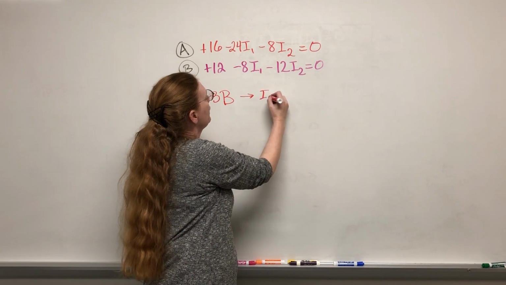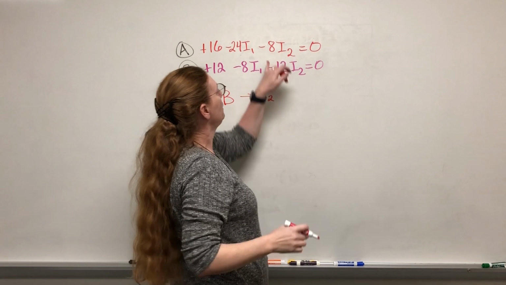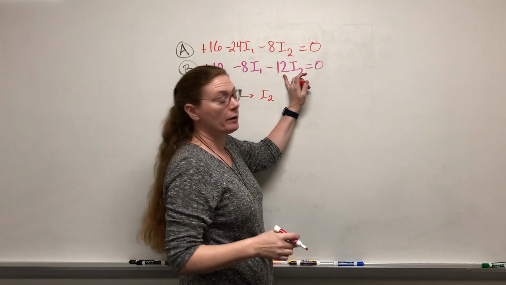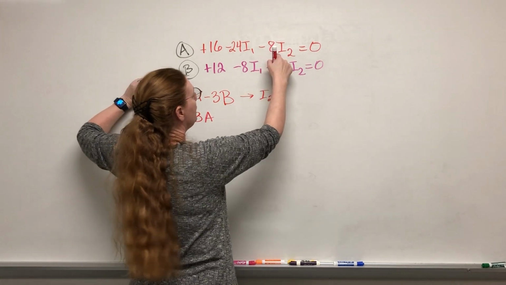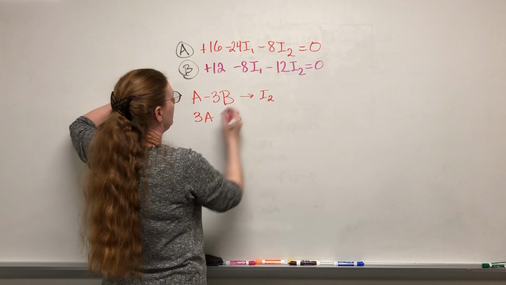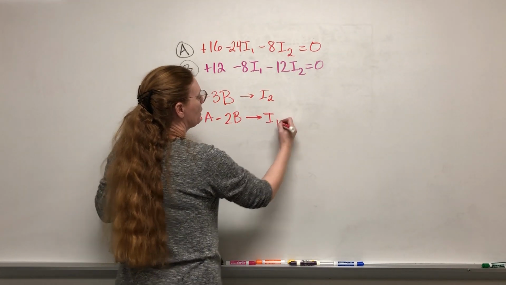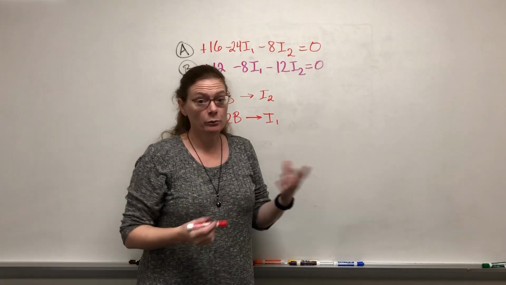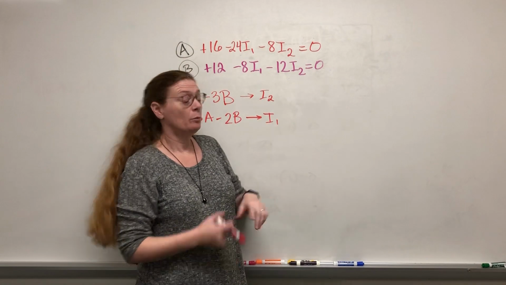If I did this one, okay, 24 would be a good common number there. So I'd need 3 A's, 8 times 3, and I'd need 2 B's. And negative and a negative, it would have to be a subtraction. That gets rid of the I2, and I would solve for I1. I really recommend you try it and see if you get the same answer popping up both ways.